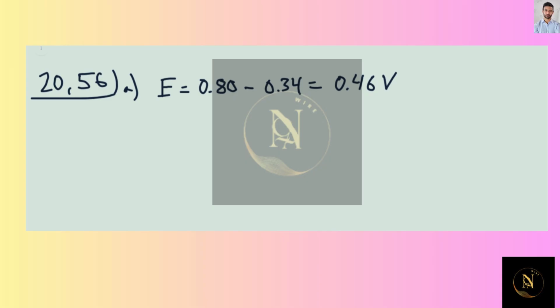So after we get the E, or EMF, we can calculate delta G through this equation here. And so we have a 2-electron reaction. So we have -2. 2 is the n value. The Faraday's constant is 96,485.